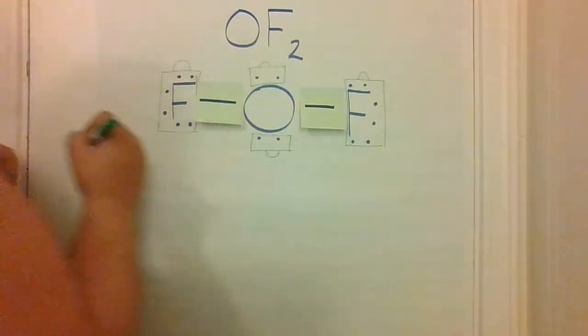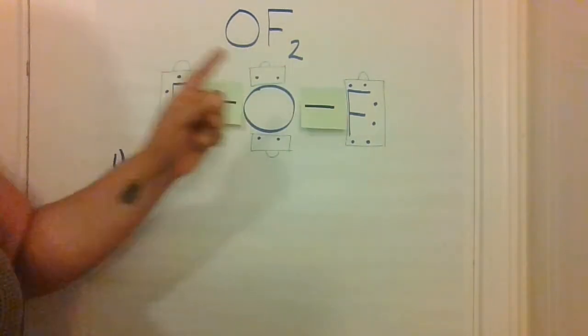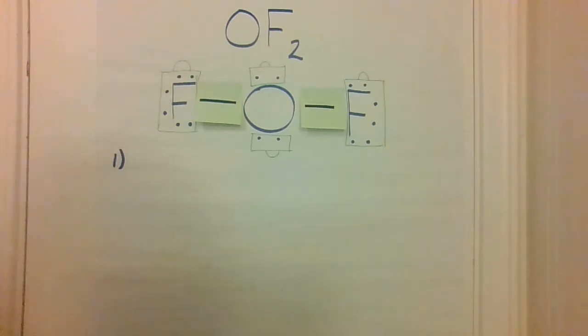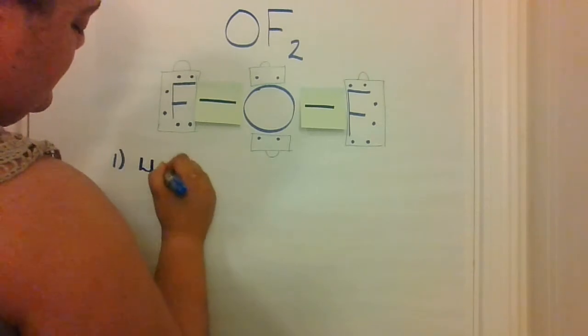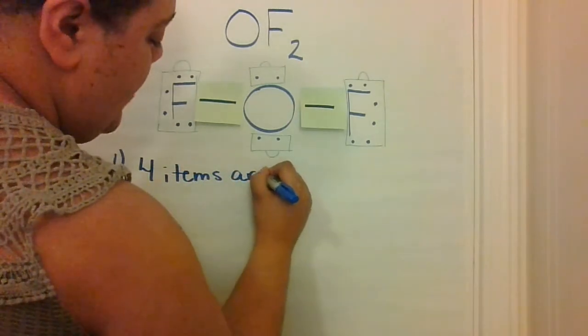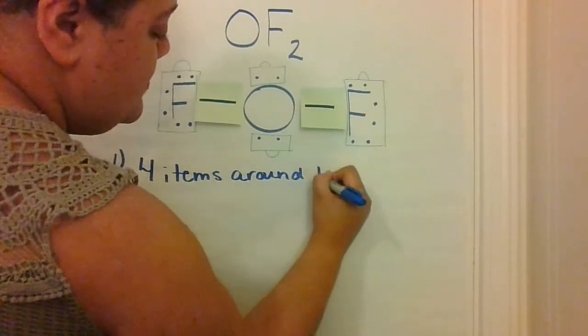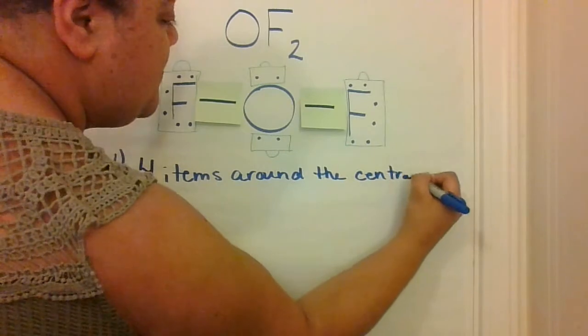So all together, I have 4 things surrounding my central atom because 1 pair of lone electron pairs accounts for an item. So we have 4 items around that central atom. Okay?